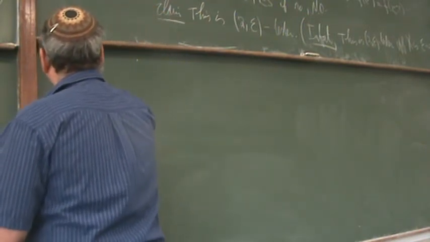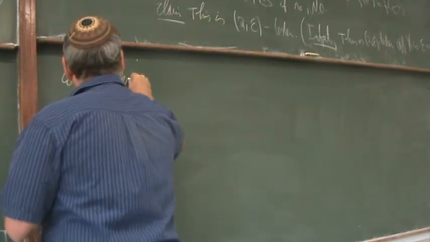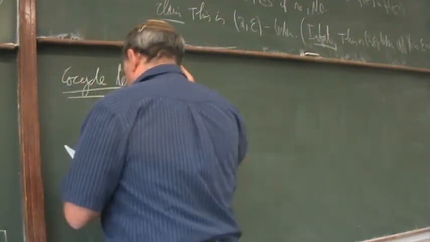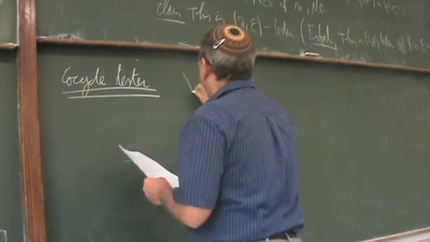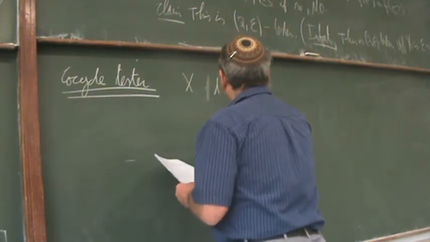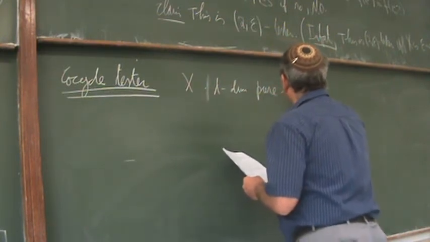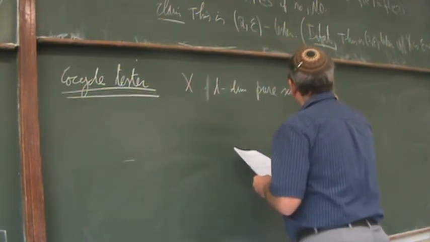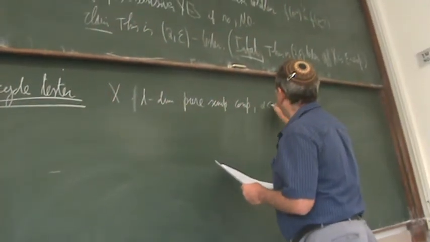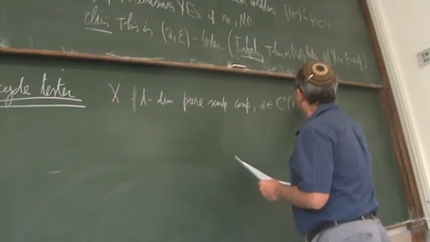Let's define the co-cycle tester in the following way. So X again, a d-dimensional pure simplicial complex, and alpha in C^i of X, 2.